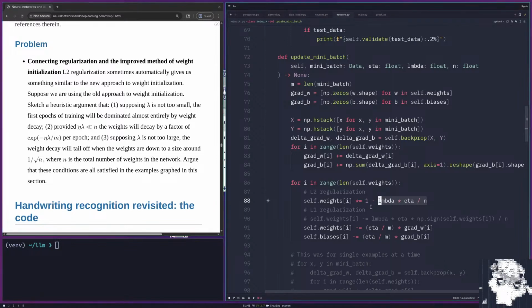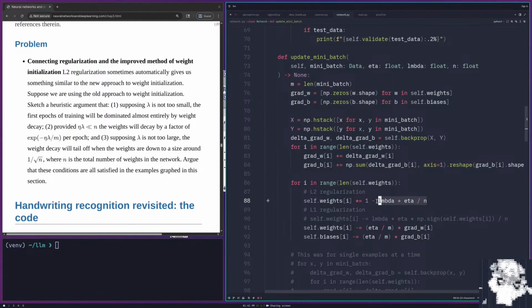Eta lambda much less than n. So this much less than this. Which means you've got a number much smaller than 1 here. A number that's close to 0 here.